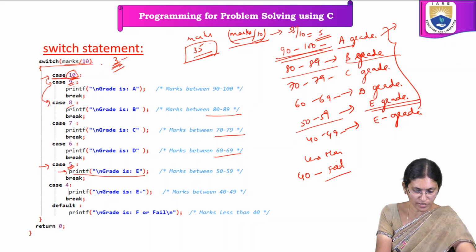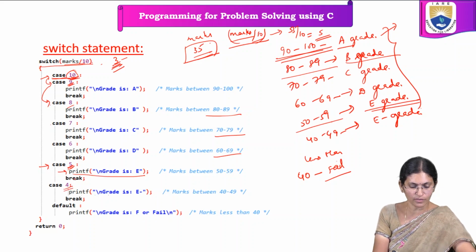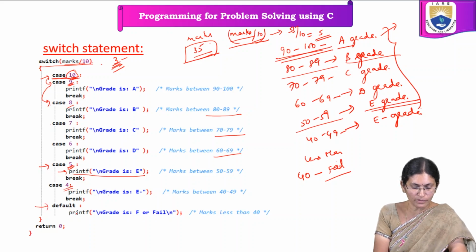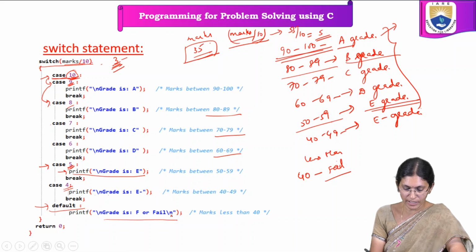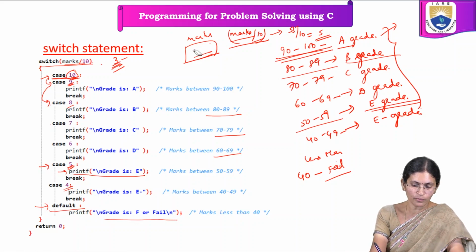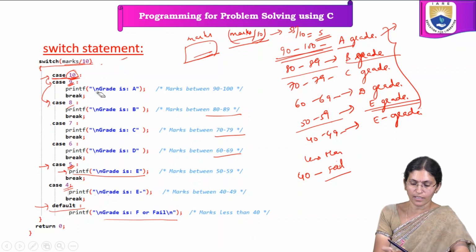This expression is not matching with any of the case labels as you can see here. We have written up to 4, so case 3 is not there. Therefore control will be transferred here and the default case will be executed. In the default case, the output which we will get is grade is F or fail. Now another test case, suppose the input given is 100.